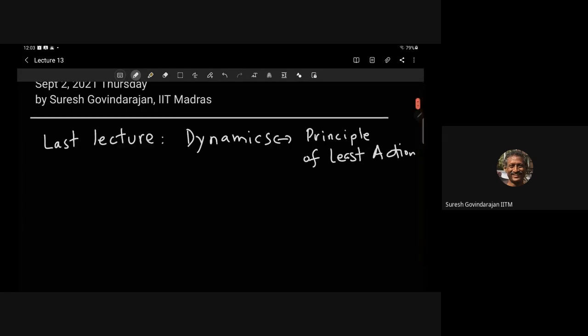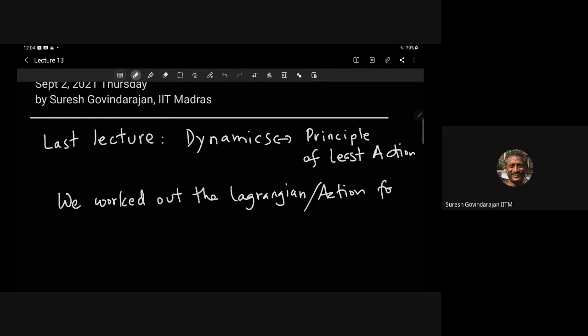And we did a couple of examples. We worked out the Lagrangian and action for a particle, a bead rather.